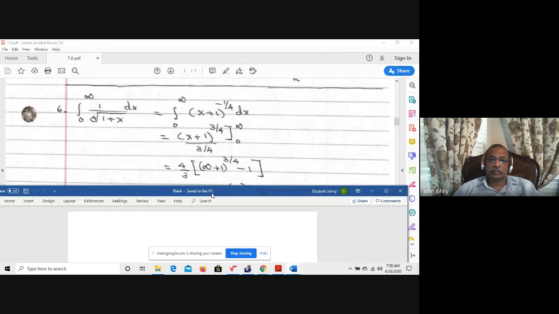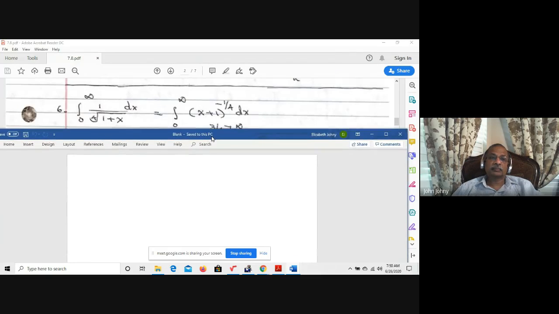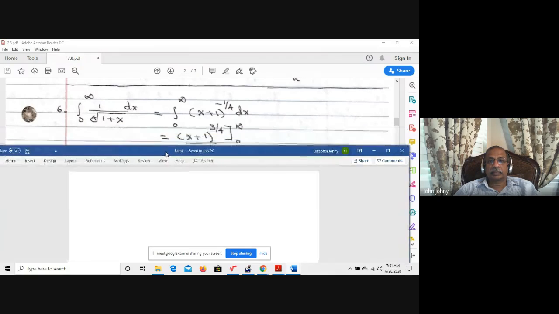Now let us work out the problems here. Evaluate integral 0 to infinity 1 over the 4th root of 1 plus x. One over the 4th root of 1 plus x is x plus 1 whole to the power of negative 1/4. Apply the power rule.